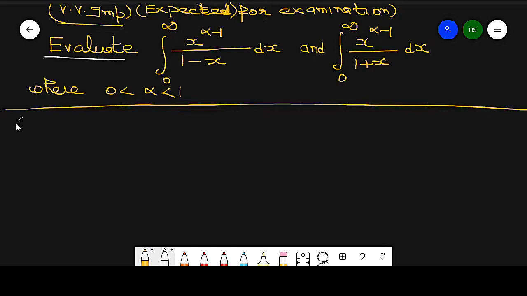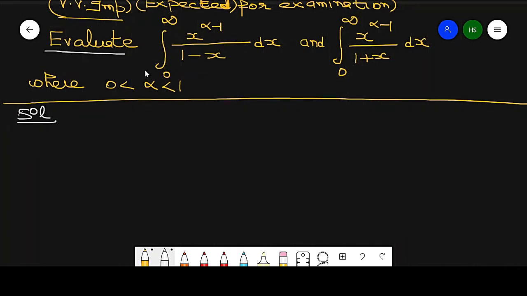Now to prove this integration, what is the solution of this type? First I consider the function f of z, which is equal to z raised to power alpha minus 1 over 1 minus z, where 0 is less than alpha less than 1.